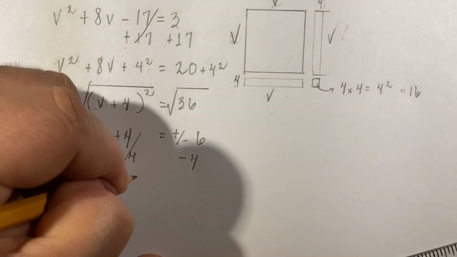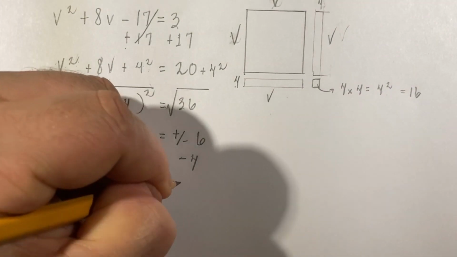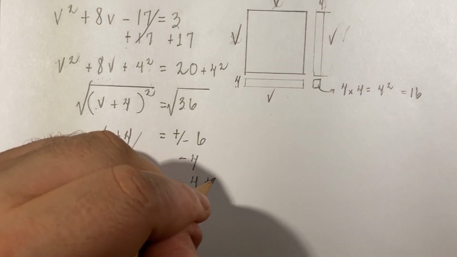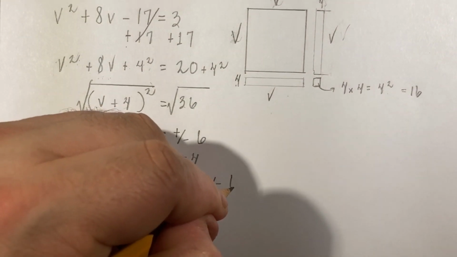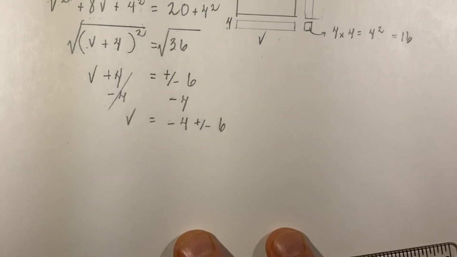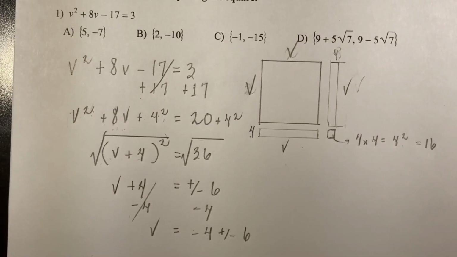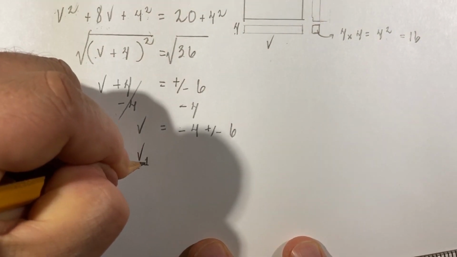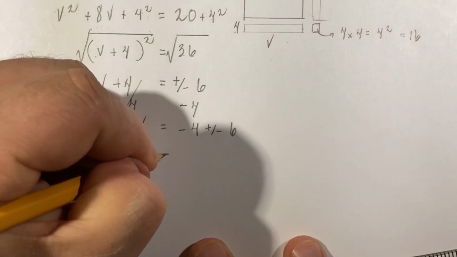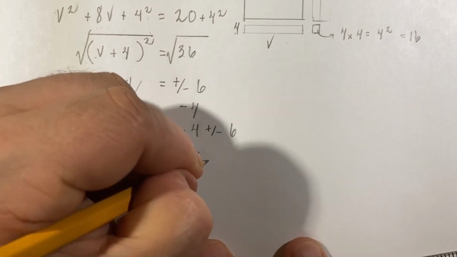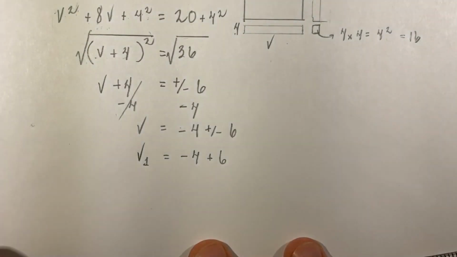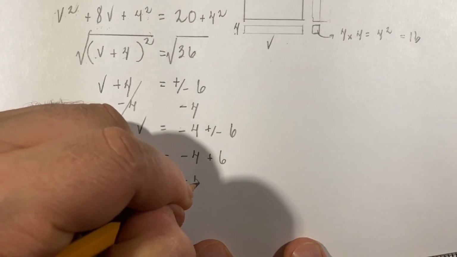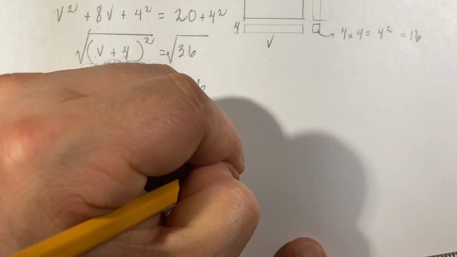And you have v equals negative 4 plus or minus 6. And so remember, the fundamental theorem of algebra states that you always have two solutions. And so v1 is going to be equal to negative 4 plus 6, and v2 is going to be equal to negative 4 minus 6.